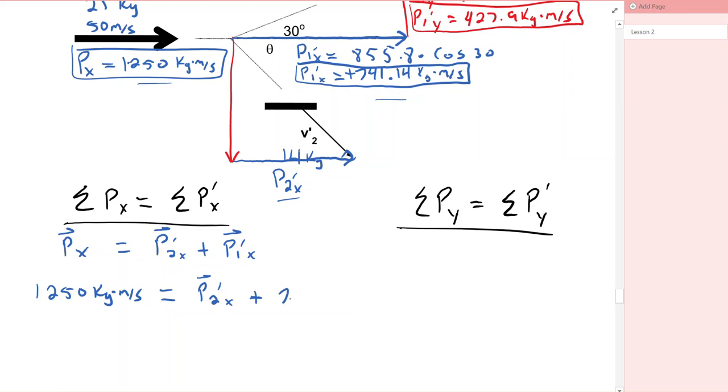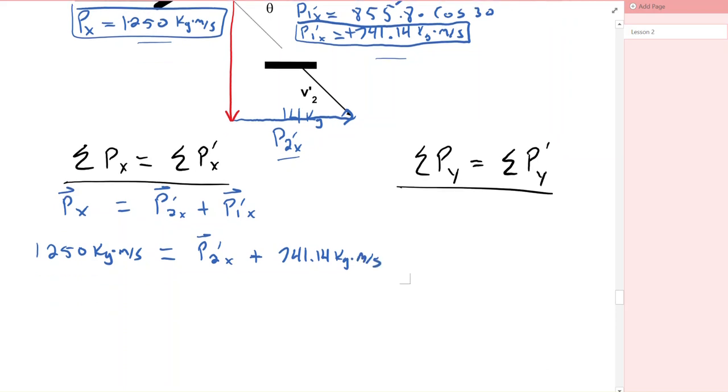Well, 741.14 kilograms times meters per second. Okay, so I'm just going to solve for, I think you guys would know to subtract that, right? So I'm going to say P2 after of x is equal to, I'm just going to actually subtract them now. So we end up with 508.86 kilograms times meters per second.